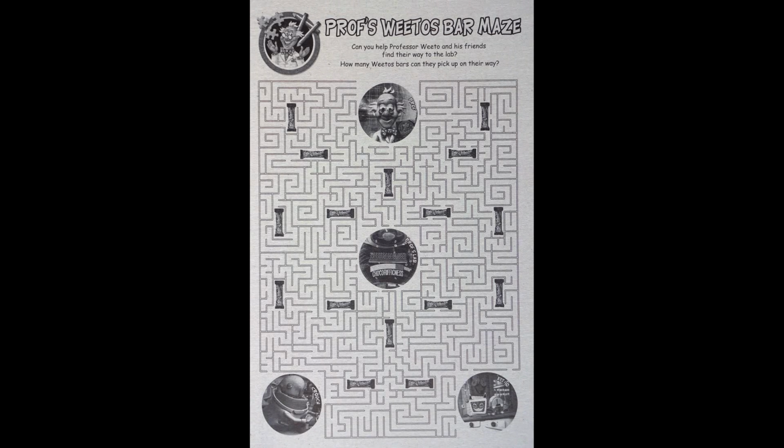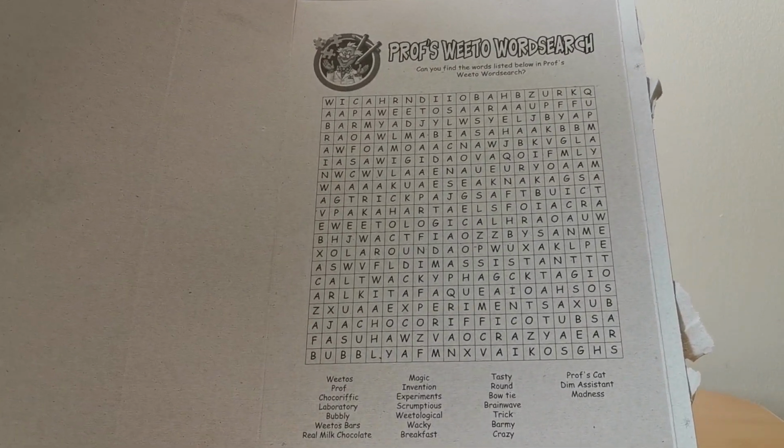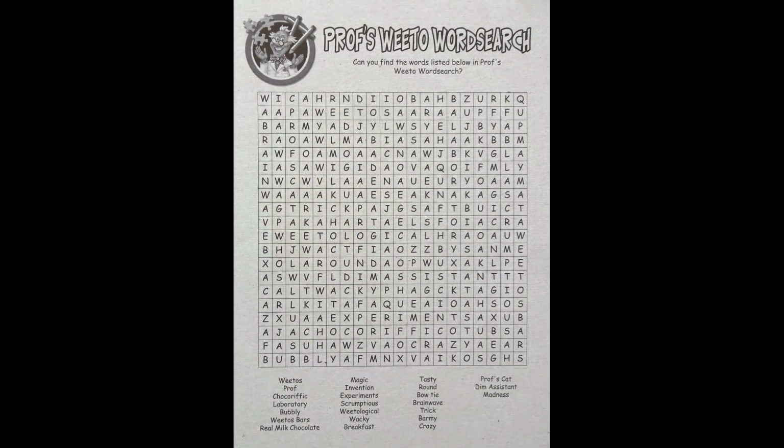Again, you've got to go all the way from, I guess, presumably the professor to one of those, maybe even the center to the lab, to try and find your way in. And finally you had the Prof's Weeto word search as well. So again you've got all these words at the bottom to try and find on the actual grid as well.